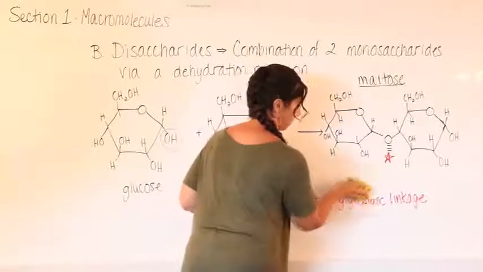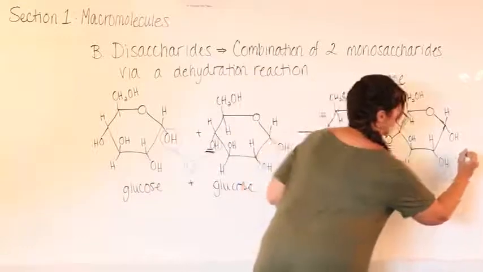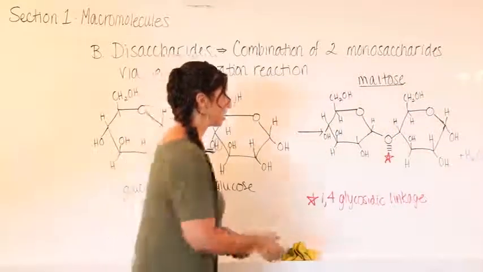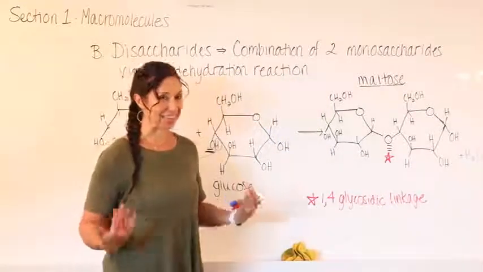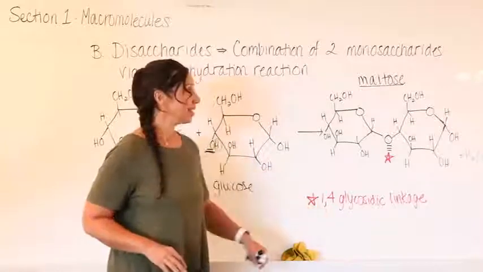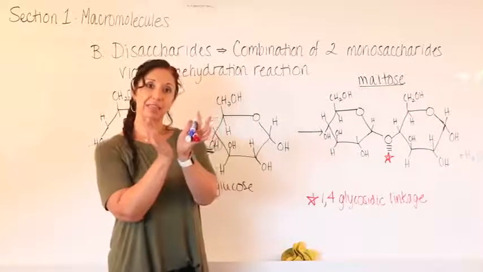Take the water away for a second. So that 1,4 glycosidic linkage, here's why it's called a 1,4 glycosidic linkage. You got to get used to that glycosidic linkage part, but the numbering is important. That's telling you what carbons are involved in the linking together.